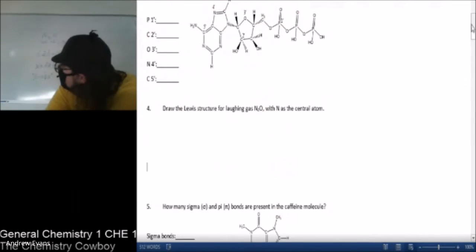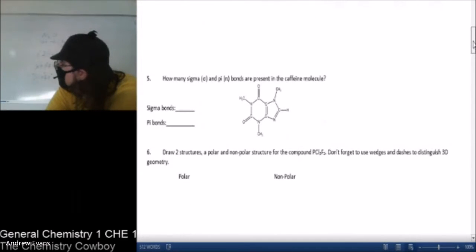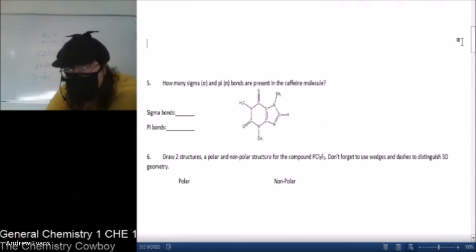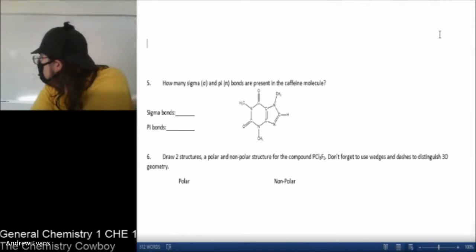Once again, this structure is maybe a little bit harder than what we have had. What you have to do here is put in any lone pairs. I've made this a little bit harder, but I've fixed this to make it a little bit easier.